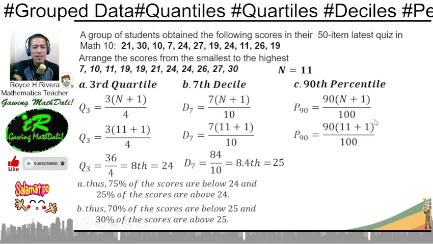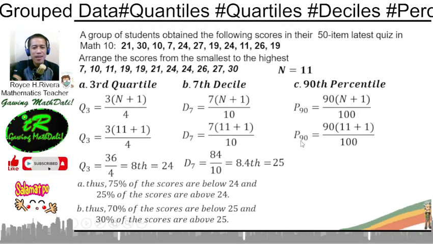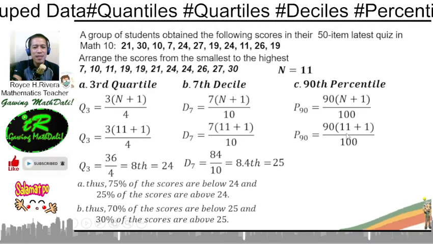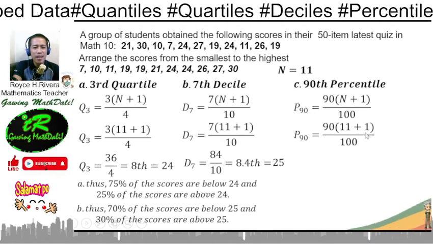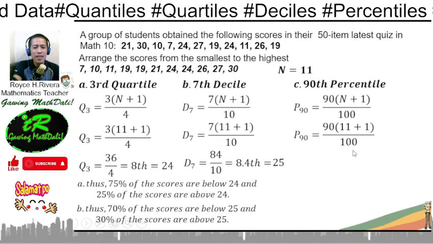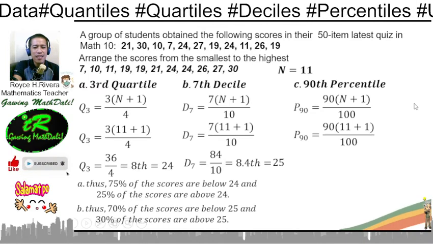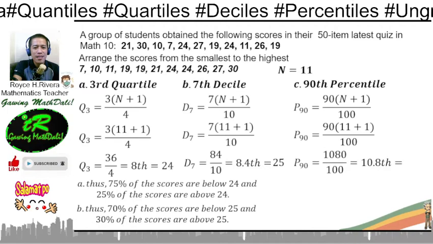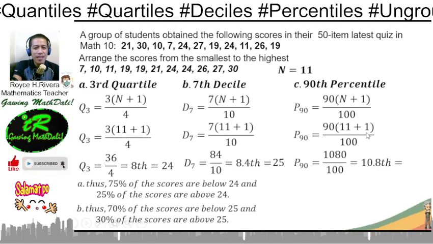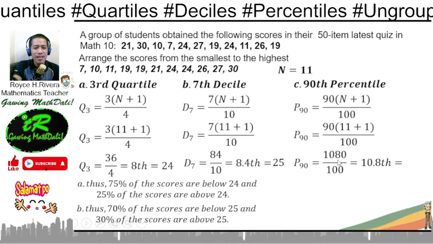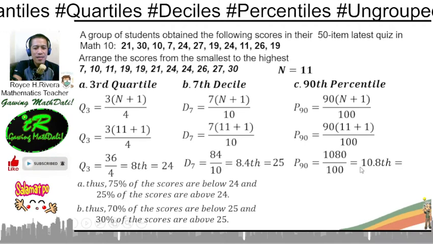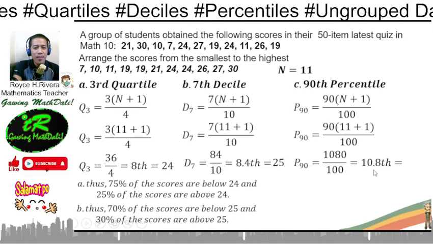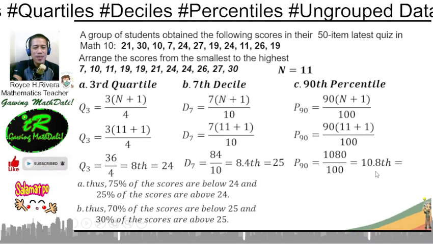So by substitution, we have percentile 90 is equal to 90 times the quantity 11 plus 1 all over 100. 90 times 12 is 1080 all over 100. So we have percentile 90 is at the 10.8 position.